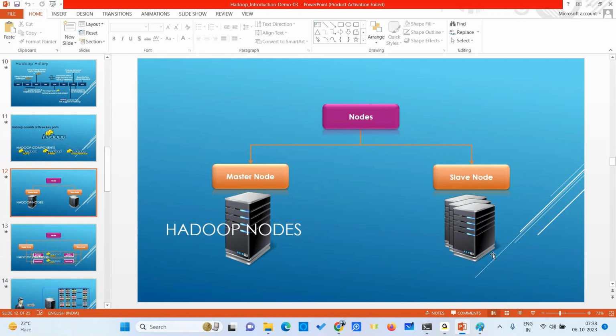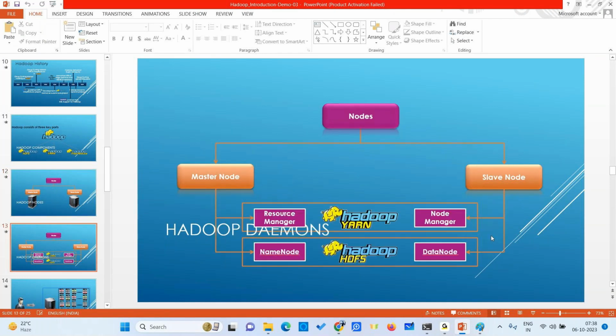The slave nodes perform the actual tasks using the MapReduce framework for processing. The master node has the resource manager, node manager, name node and data node.